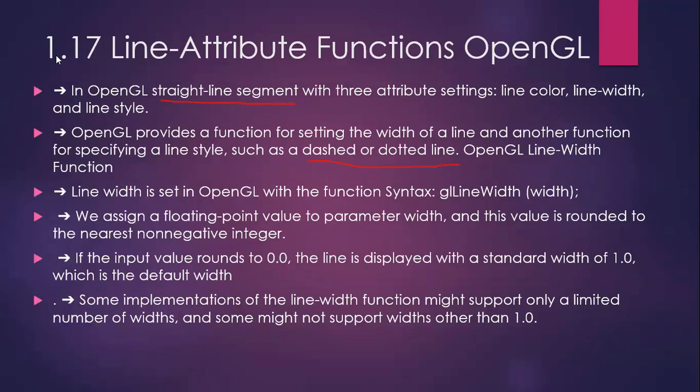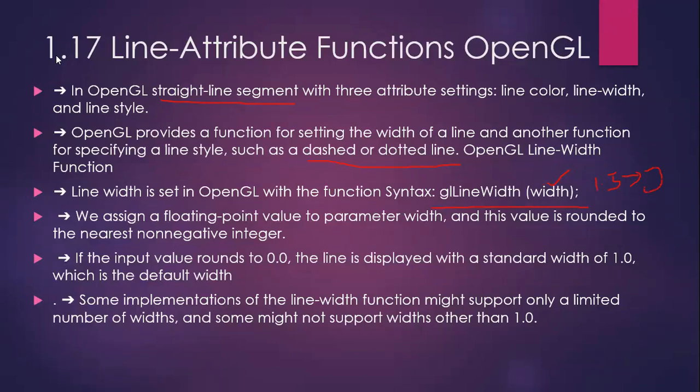Okay, and here the line width is set in OpenGL with the function syntax glLineWidth with parameter width. The parameter width takes a floating point value, and suppose the floating point value is 1.5, it may be rounded to 2.